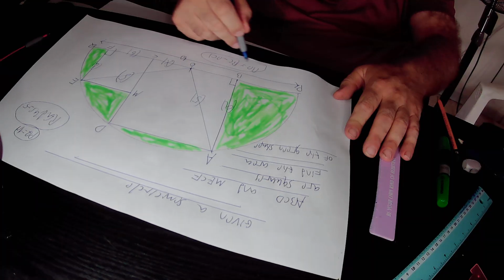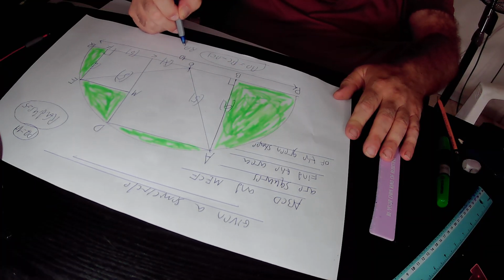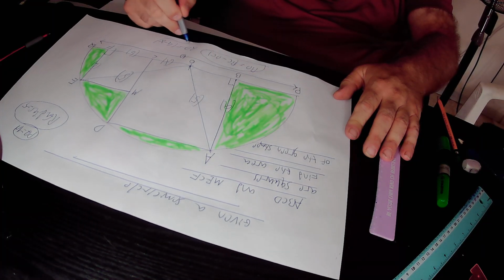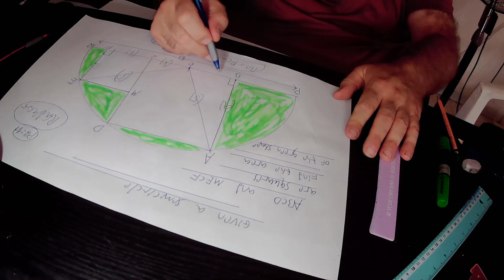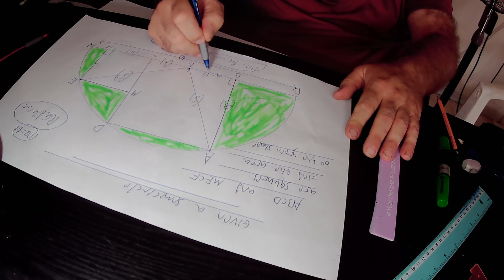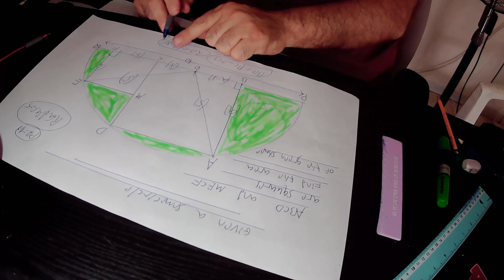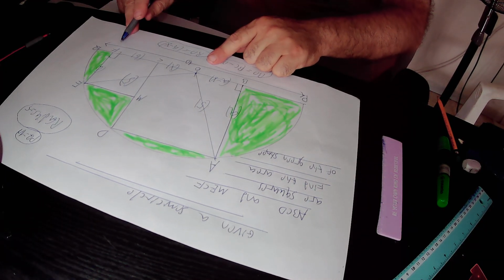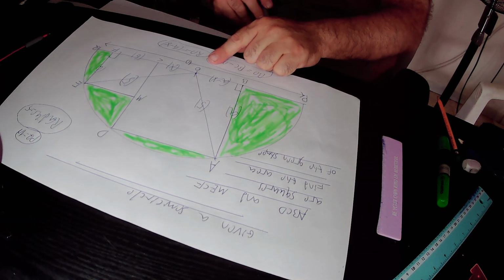So BO equals BC. BC is A minus OC. OC is X. So in total, BO equals A minus X units in its length. BO equals A minus X. And OF equals X plus B.